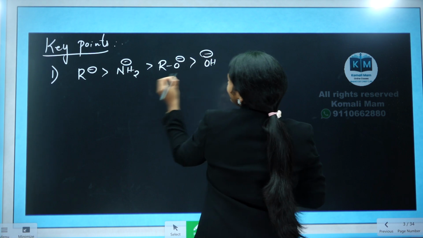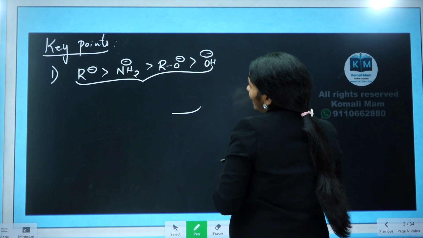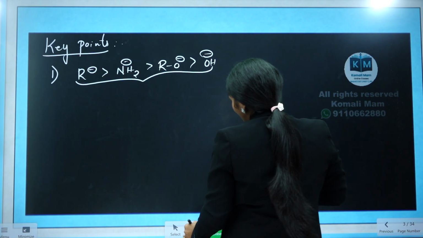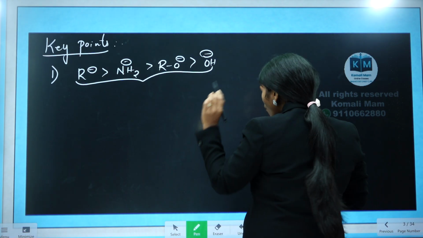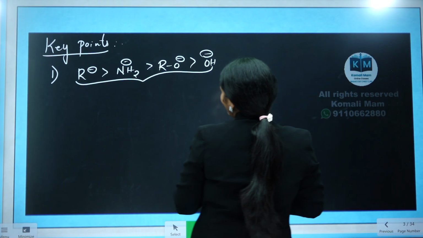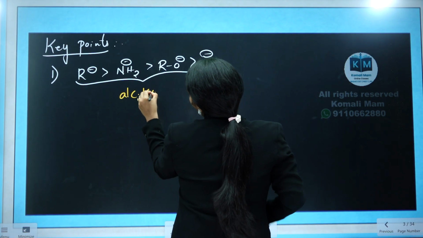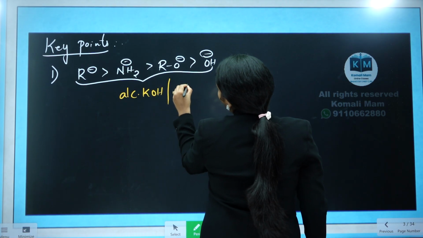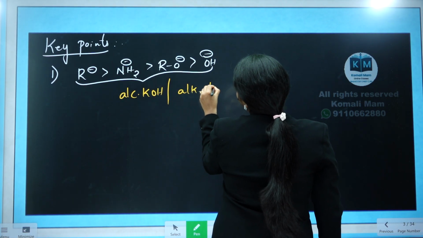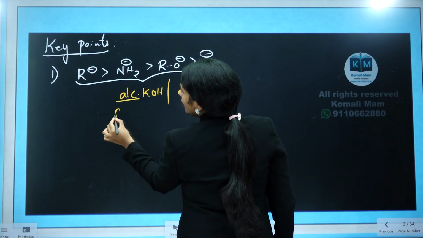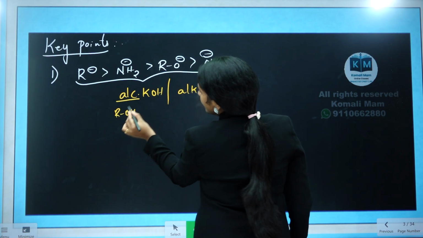When you see these on an arrow with heating, it comes under elimination reactions. Mostly you will see in your exam alcoholic KOH or alcoholic NaOH. Actually, alcoholic means alcohol plus KOH.